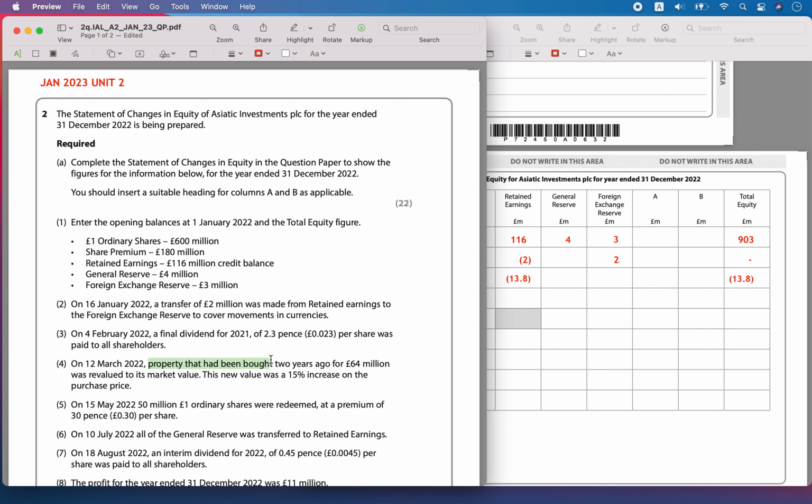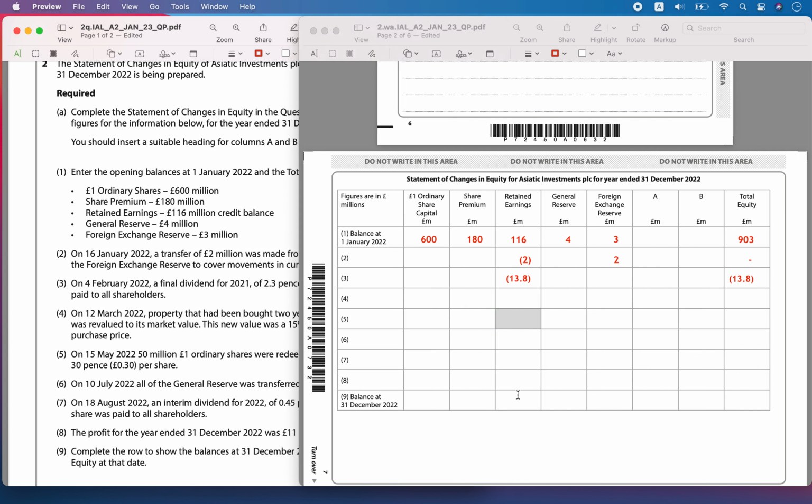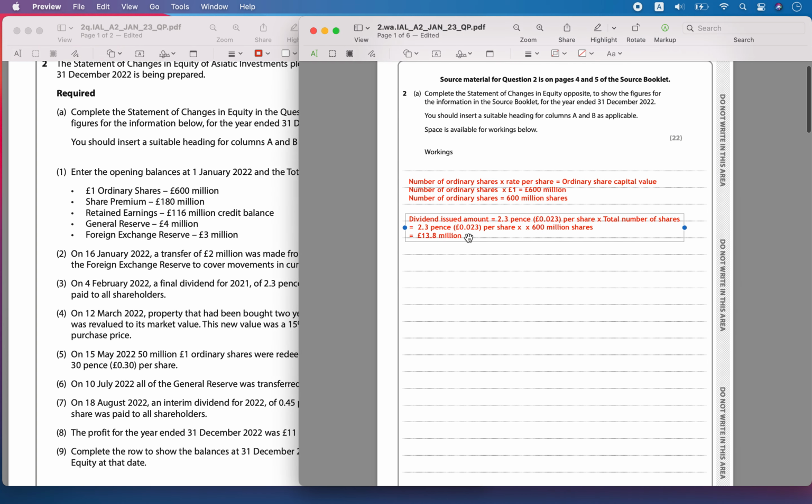Now the fourth transaction, on 12th March 2022: property that had been bought 2 years ago for 64 million was revalued to its market value. This new value was a 15% increase on the purchase price. So let's write it here. We only have to calculate the property value increase, not the new value.